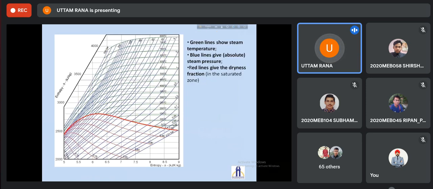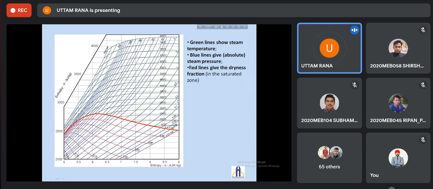If you look at the more generalized HS diagram, this is how the diagrams are represented in thermodynamic tables and books. Here you can see the green lines show the steam temperature lines. So you can see 50 degrees centigrade, 100 degrees centigrade, 150 degrees centigrade. These are lines almost parallel to the H axis.